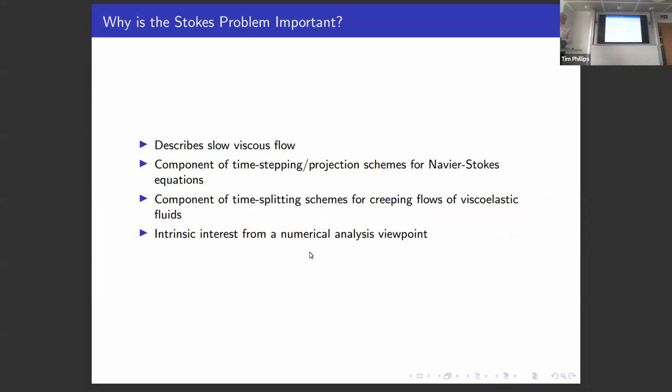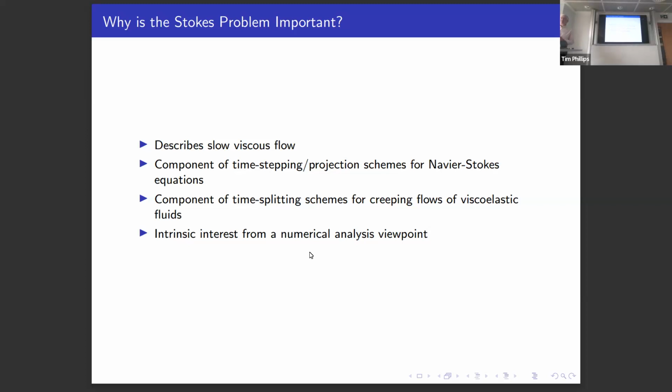These involve first using an explicit scheme for discretizing the convection terms that arise in the equation, and then using a projection scheme where you're looking for a velocity field that satisfies mass conservation, in conjunction with an equation for the pressure. So within a time-splitting approach to the Navier-Stokes equations, we quite often have a Stokes operator to invert, and that can represent the computational overhead in solving the Navier-Stokes equations.